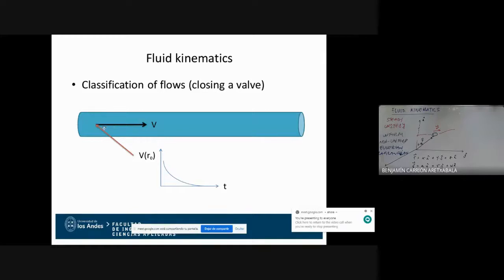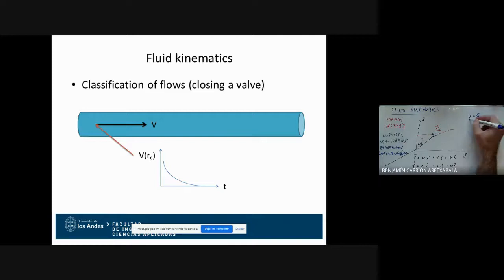Here the velocity doesn't change along the tube, right? Because, I'm going to write on the whiteboard, the velocity is the flow divided by the area. If the area is constant and the flow is constant, then the velocity is also constant along the tube, right? So if the velocity is constant along the tube, then you have a uniform flow because it doesn't change over space.